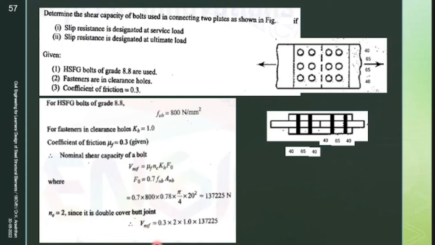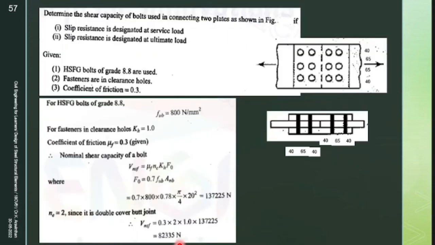Now what will be your answer? 82,335 Newton. So first one, design capacity of one bolt if slip resistance is designated at service load. Now what is the capacity of this bolt? It can handle 82,335 Newton.